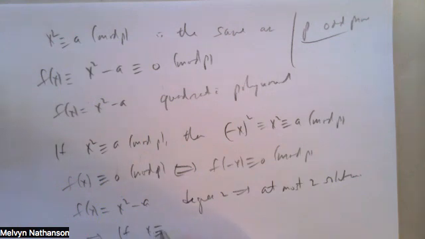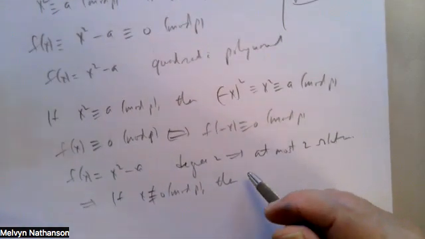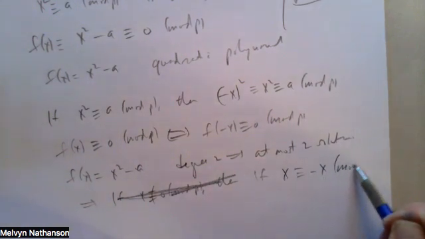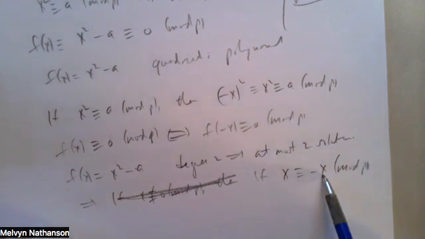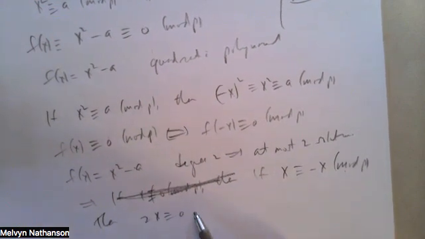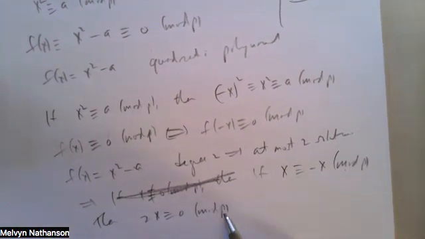Let me put it this way: if x is congruent to minus x mod p, then bringing this to the other side, 2x is congruent to 0 mod p.